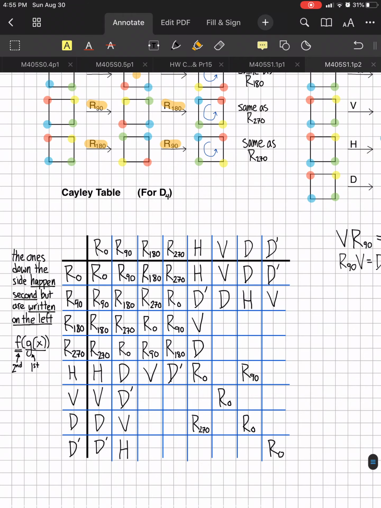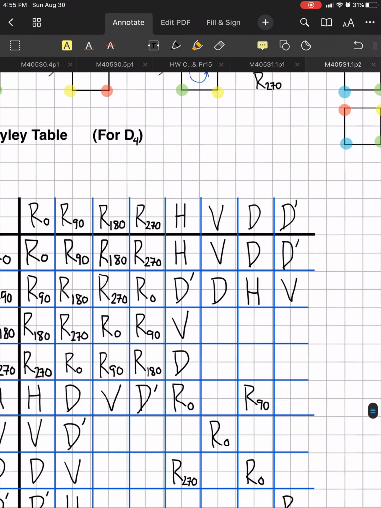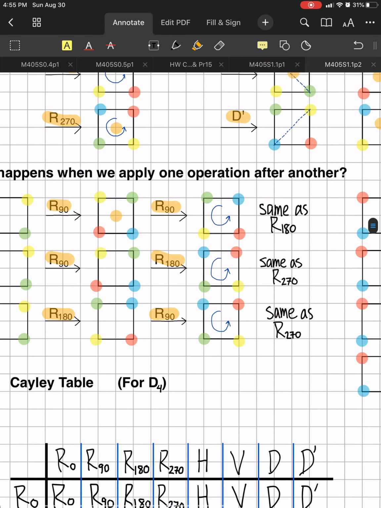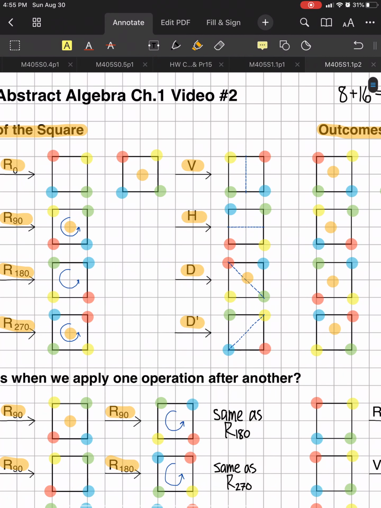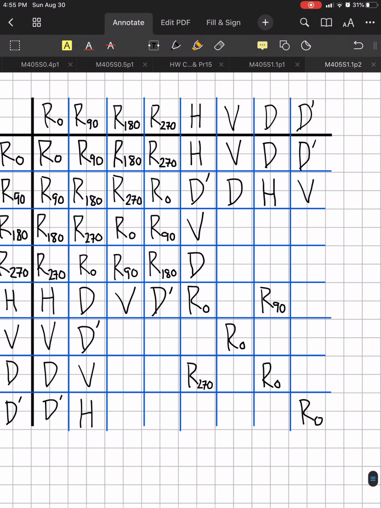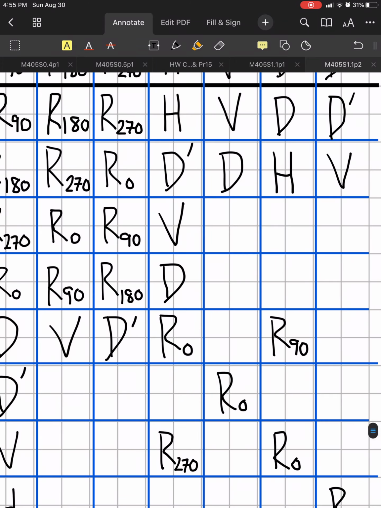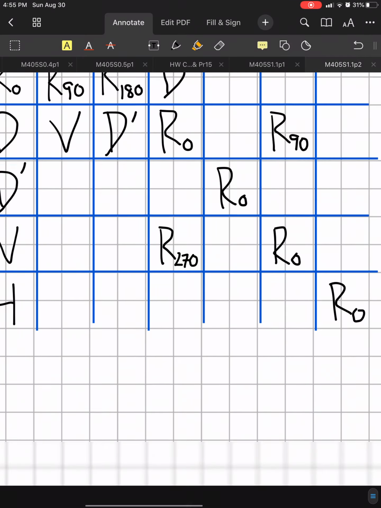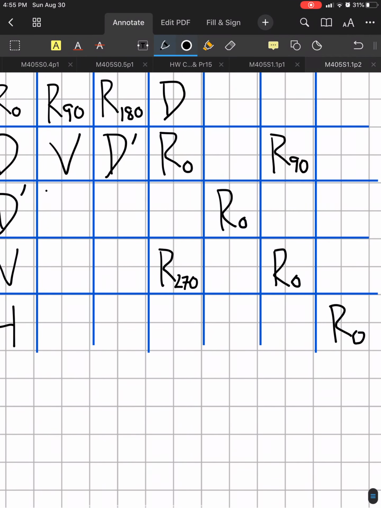So let's actually do 180 degrees. If we do V or H followed by 180 degrees, they reverse. So I get H right there, and H right there.